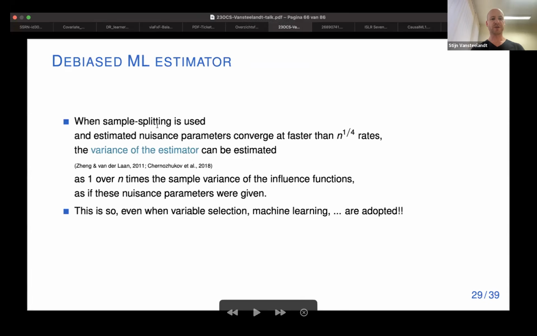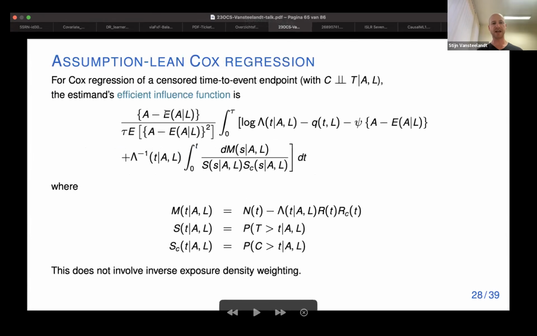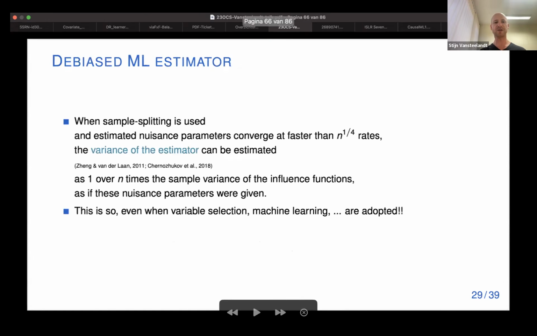So according to the typical theory on debiased machine learning, when sample splitting is used, that means if we estimate the nuisance parameters on a different part of the data than where we evaluate the estimator itself for the treatment effect, and moreover, the estimated nuisance parameters converge at faster than n to the quarter rates, then the variance of the estimator can be obtained as 1 over n times the sample variance of these influence functions, as if the nuisance parameters were given.